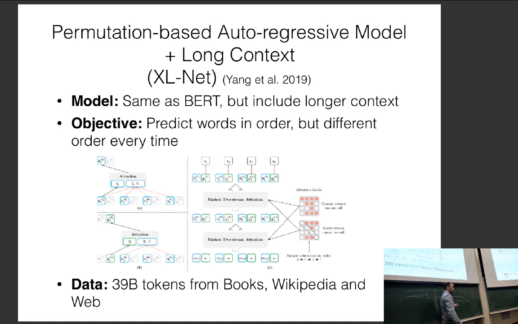And this is the order that we normally predict in. Instead, they shuffle the order. So it becomes like 7, 2, 5, 4, 3, 1, etc. And then they predict in this order. So first they predict the 7th word, then they predict the 2nd word, then they predict the 5th word, like this.